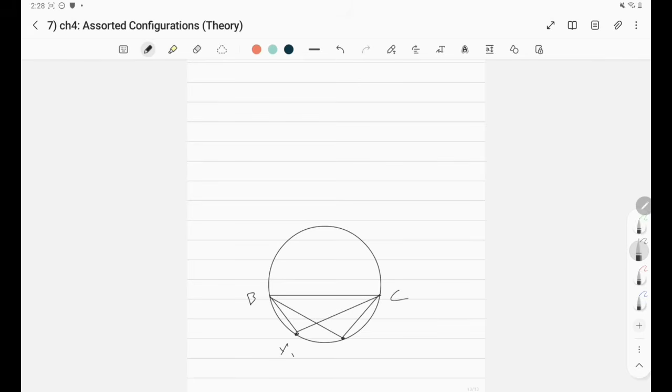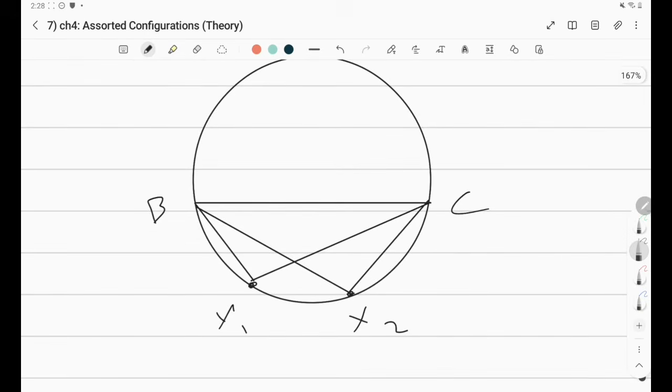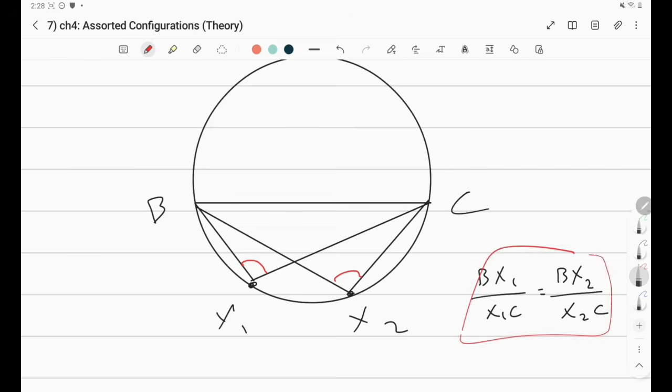So let's say X1 and X2. If you think about it, let's assume the contrary, that guess what, we have BX1 over X1C is equal to BX2 over X2C. Then what can we say? Well, because they have the same arc, then these angles are equal, and from here, from SAS, we get that the two triangles are similar, and if they are similar, then guess what?